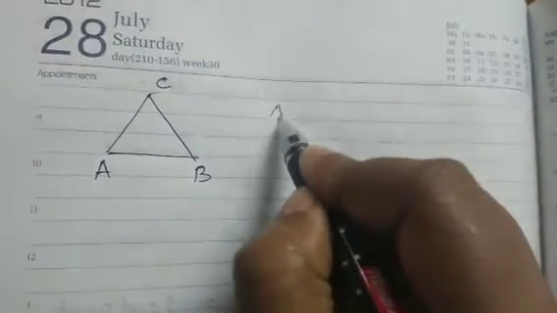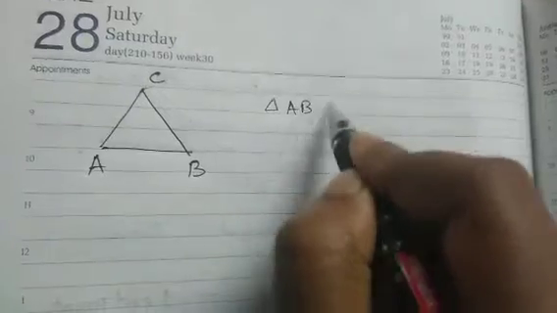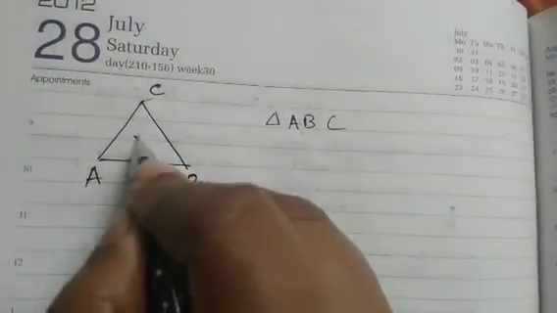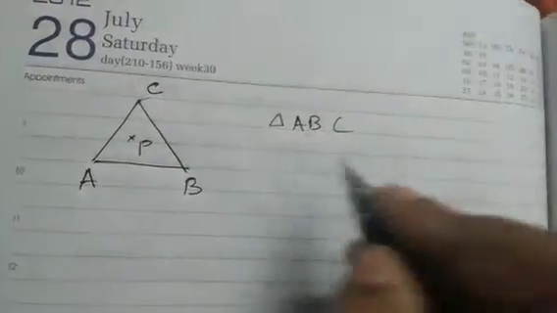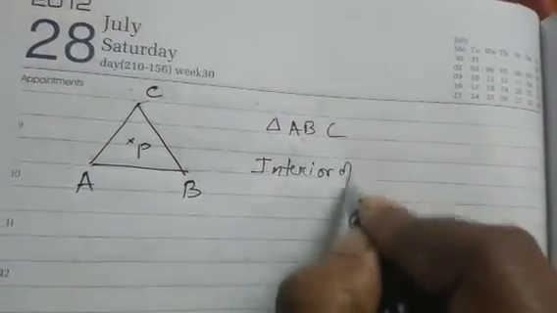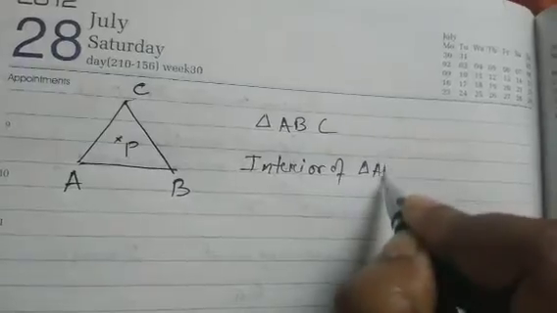Once we are clear with angles, I will come to the triangle with vertices A, B, C. How do I name the triangle? It is triangle ABC. This is how I name it. Same thing: if any point P is inside the triangle, it is the interior of triangle ABC.